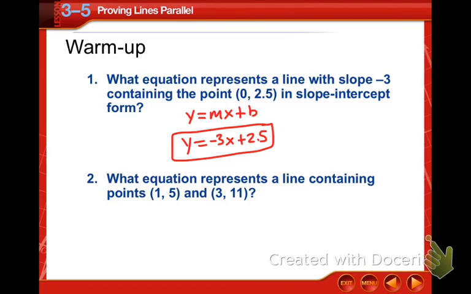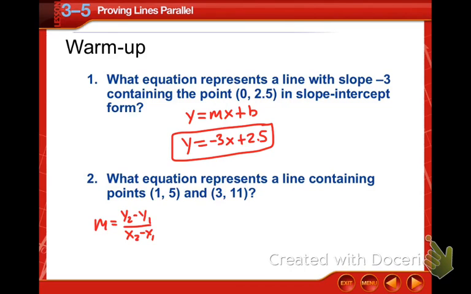We want the equation of the line. We are given 2 points, so we need to find first our slope, and then we'll use point slope form to find the equation for the line. So our m is equal to y2 minus y1 over x2 minus x1.